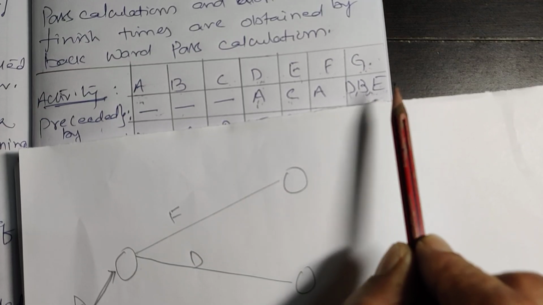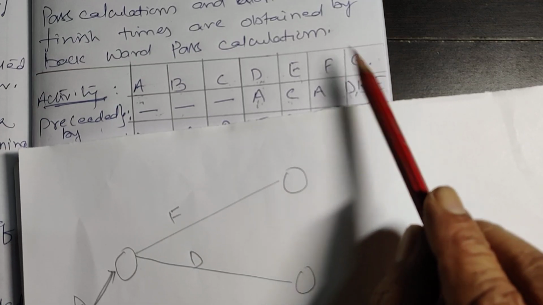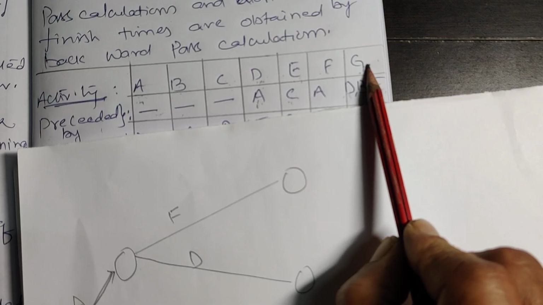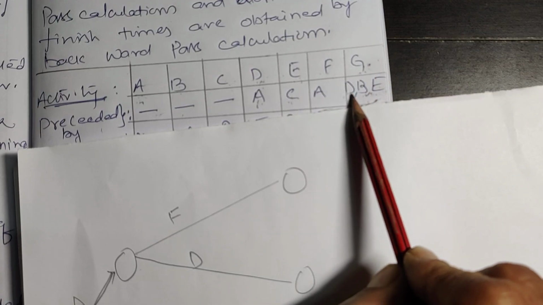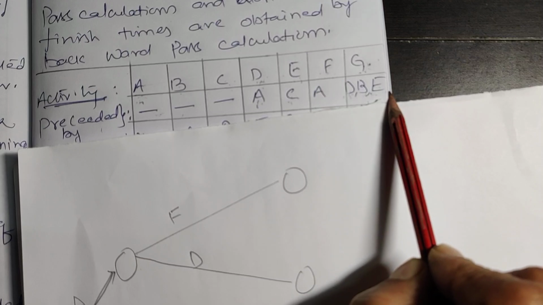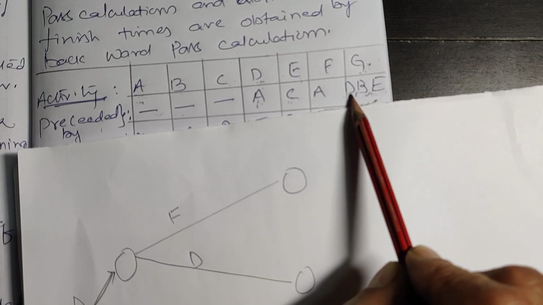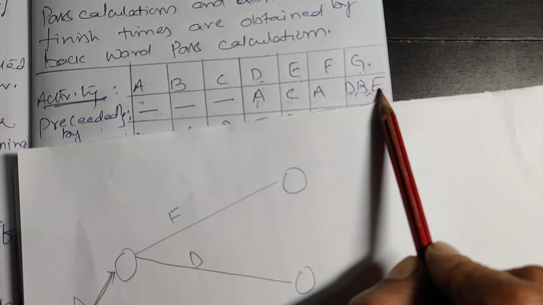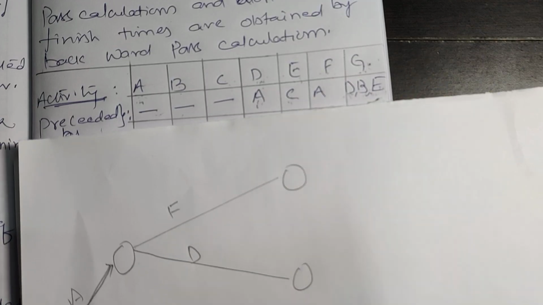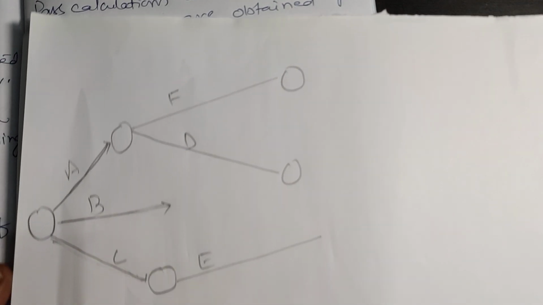The same point I can say in another way. When any activity is having more than one predecessor, then these predecessors are joined at one node. Look at this.